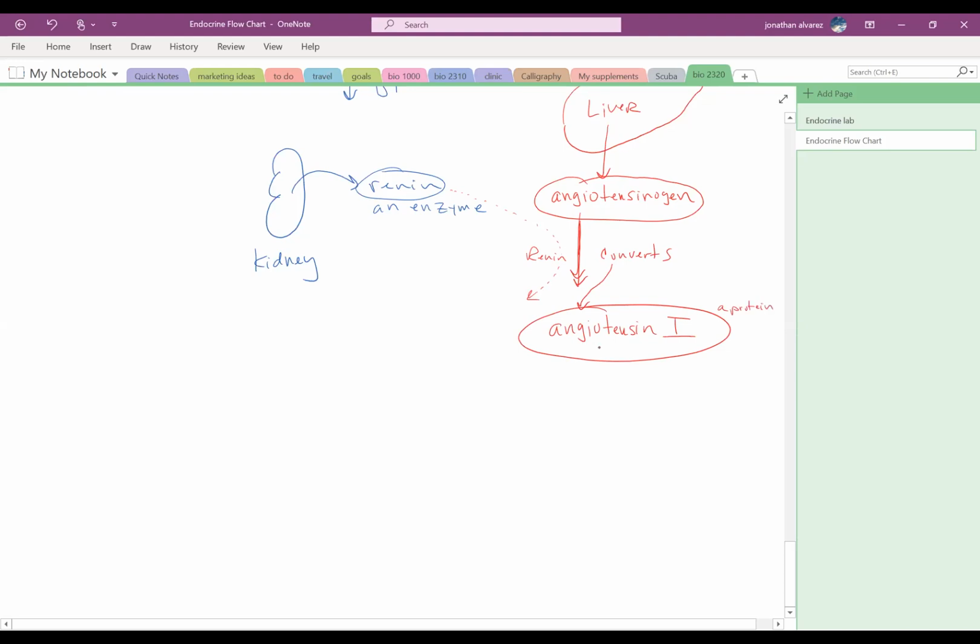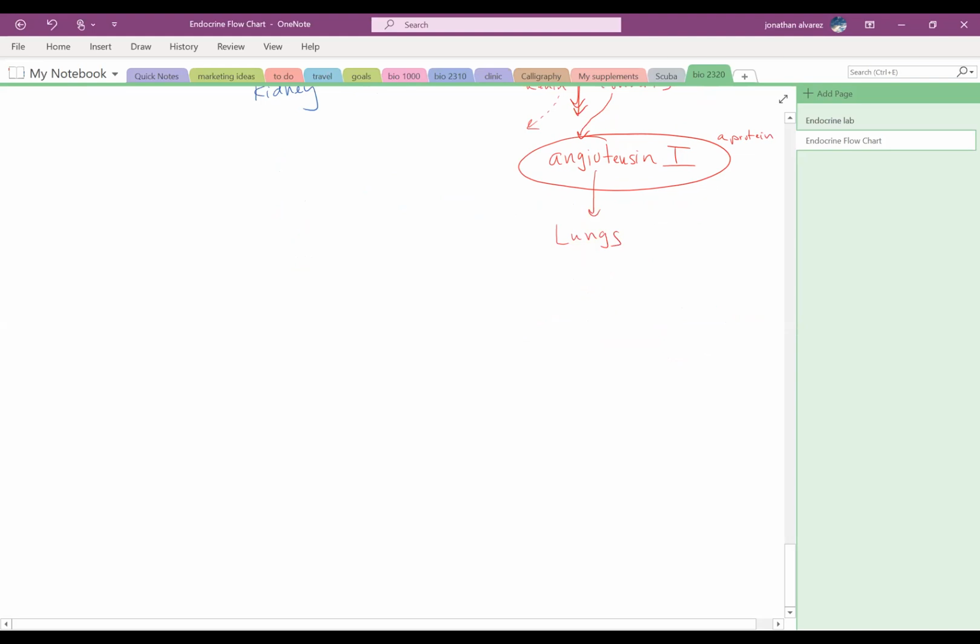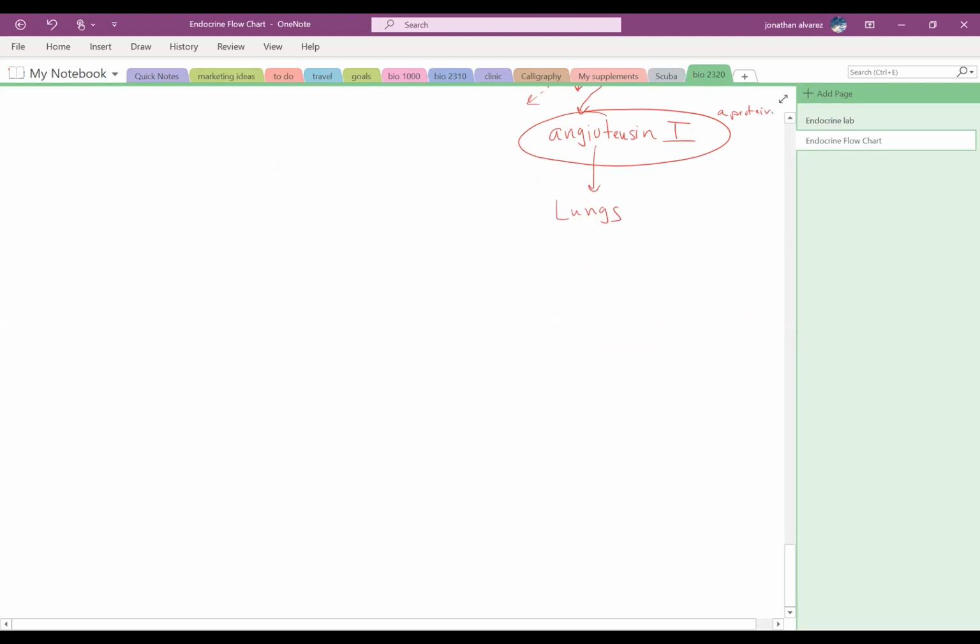Okay, angiotensin 1 goes to the lungs, where it is converted into angiotensin 2.